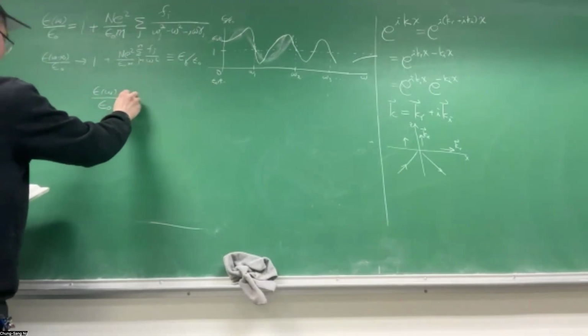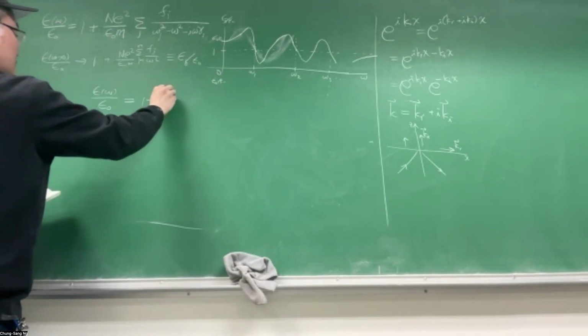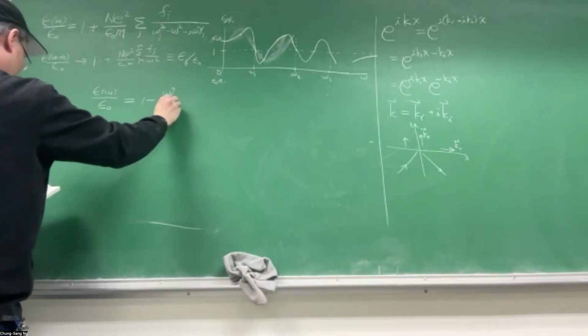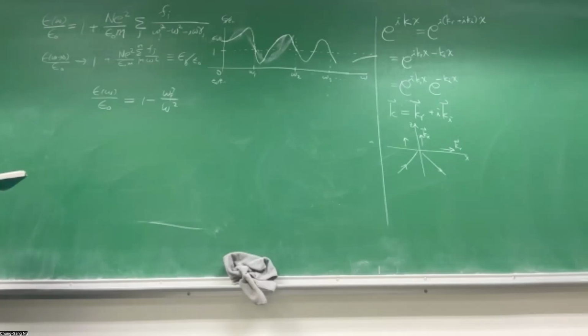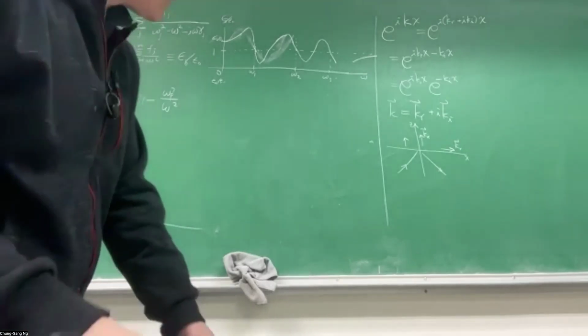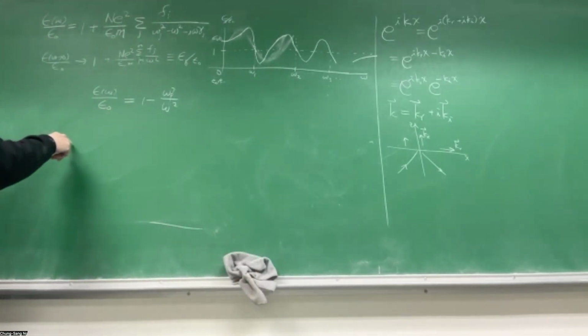Epsilon is approximately 1 minus omega p squared over omega squared. So that is the high frequency limit, and omega p is what we call the plasma frequency.